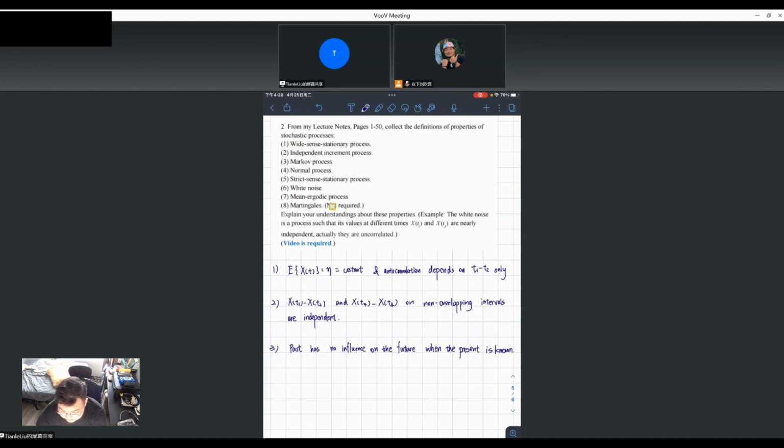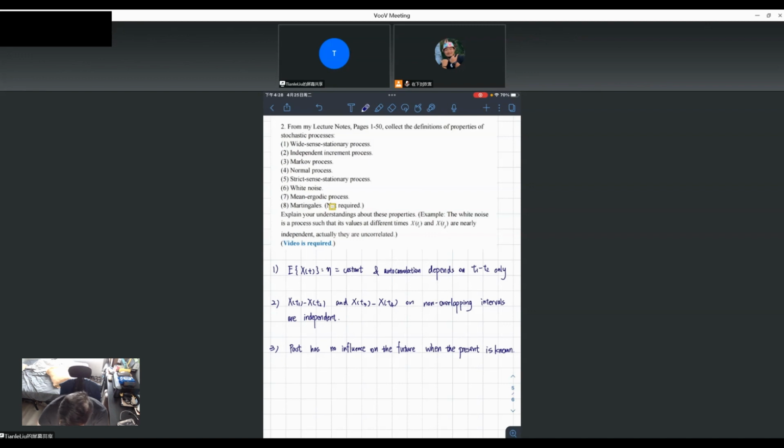It applies to a lot of other processes like the Poisson impulses. I think the random walk is also one, and many others will be. I think the key is that the past has no influence on the future.